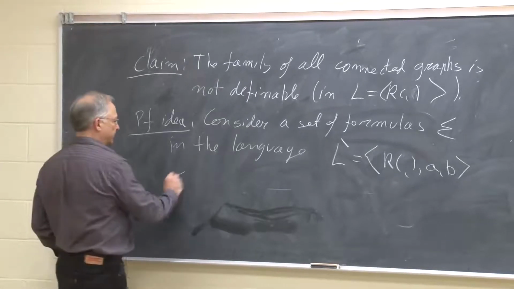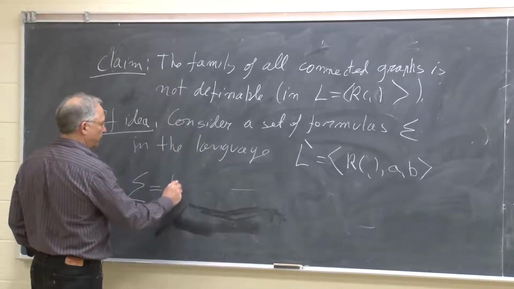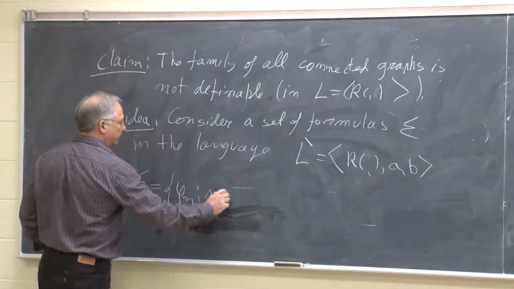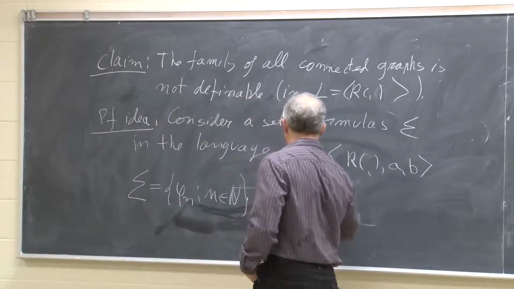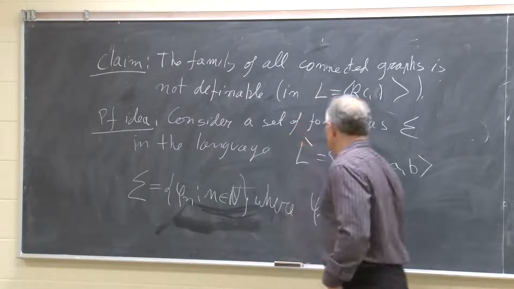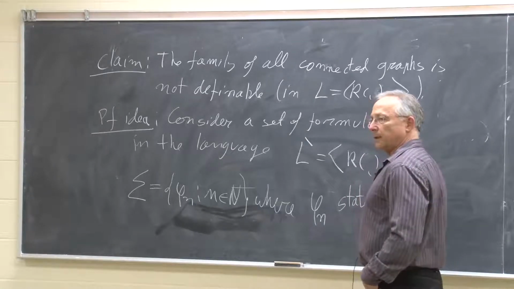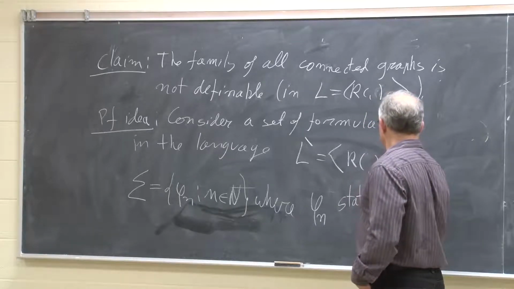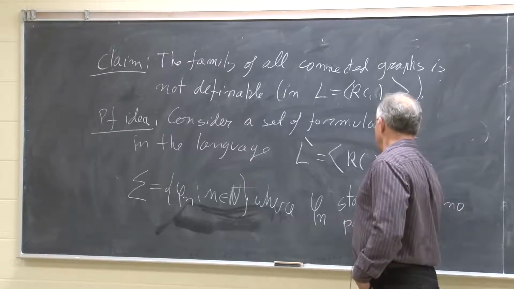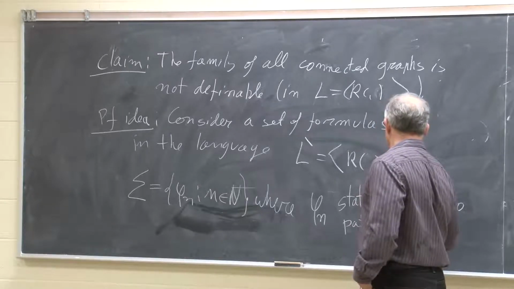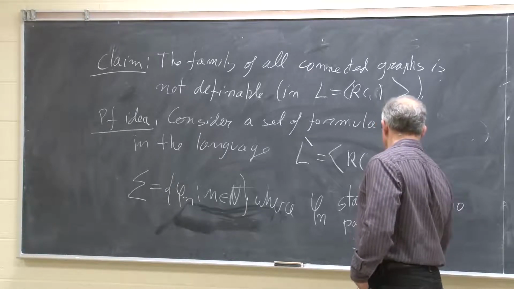The set of formulas sigma is going to be the set of all phi n, for n in the natural numbers, where phi n states that there is no path of length n from A to B.